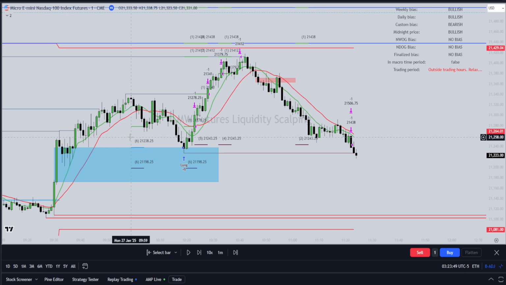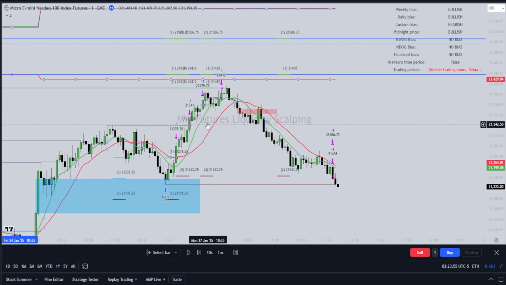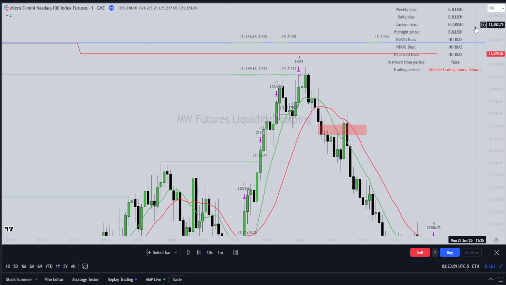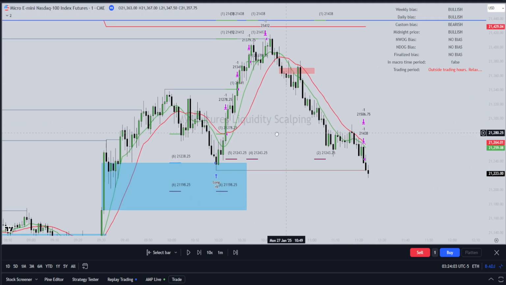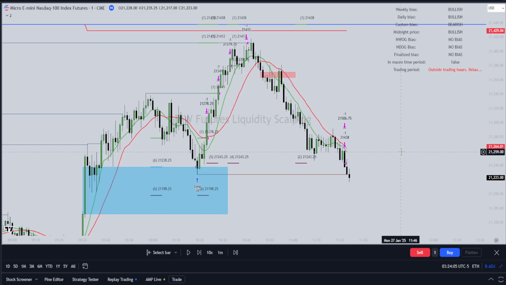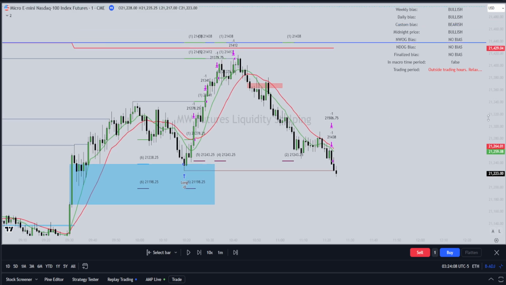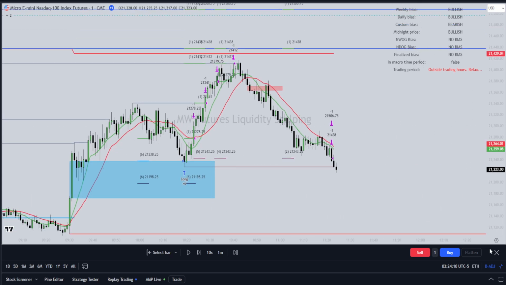Way in advance, we knew where to place our limit order, where to place our stop loss, where to take our first profit, when to go to break even, and when to take profits generated during the trade itself as well. So this is a great example of how you can use the script itself.